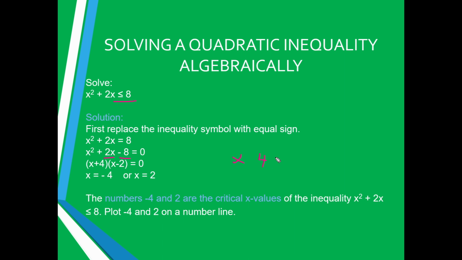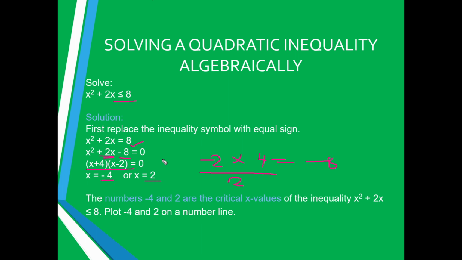The bigger number will be positive, then the smaller number will be negative, so that when we add them we get a 2, which is this one, and when we multiply them we get a -8, which is this one. Those are the factors that we have, and we take them out and have -4 and a +2 as our values.